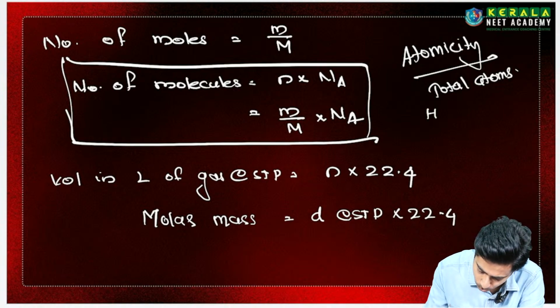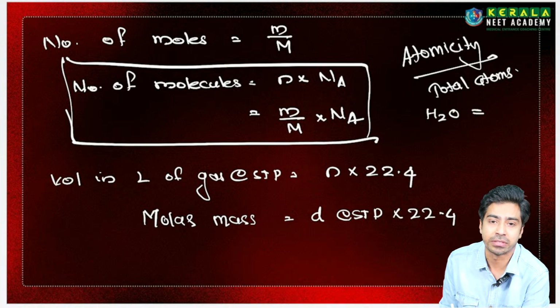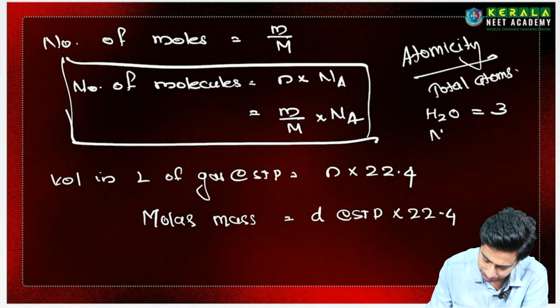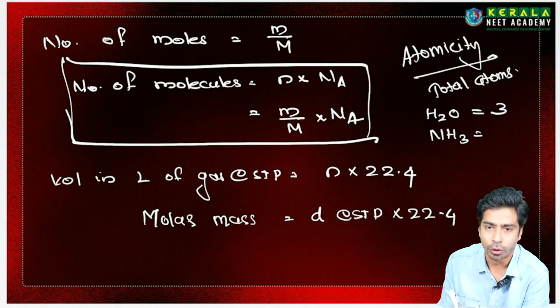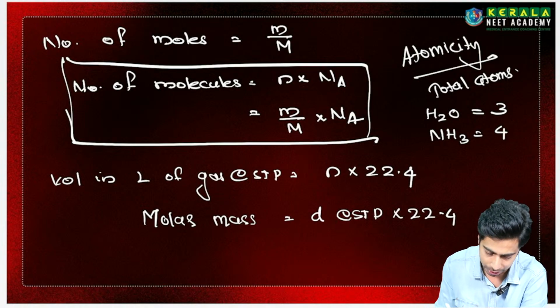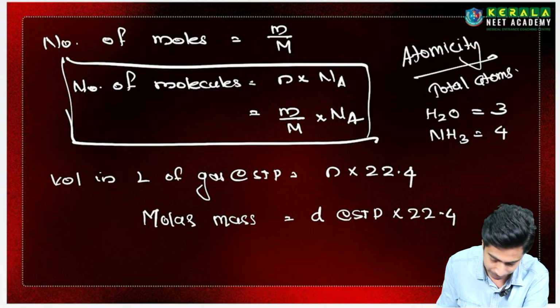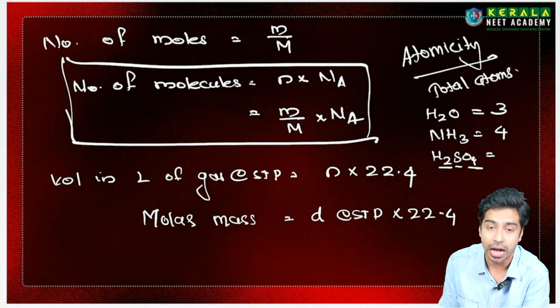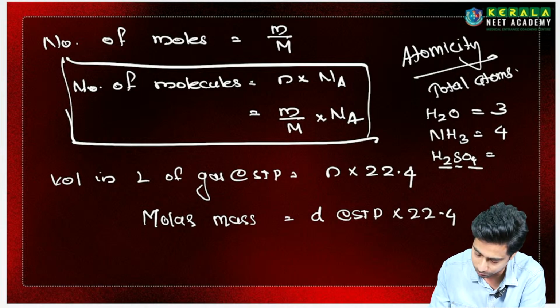Suppose I take H2O, how many atoms are there? 3 atoms, so atomicity is 3. NH3: one nitrogen and 3 hydrogen, so atomicity is 4. Then H2SO4: 2 hydrogen, 1 sulfur, 4 oxygen, so that gives you 7.